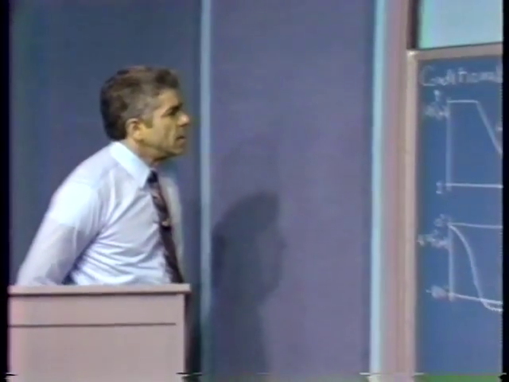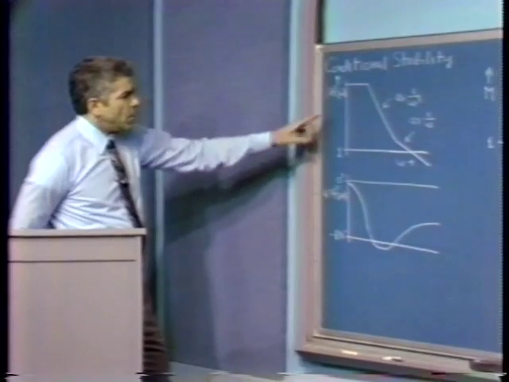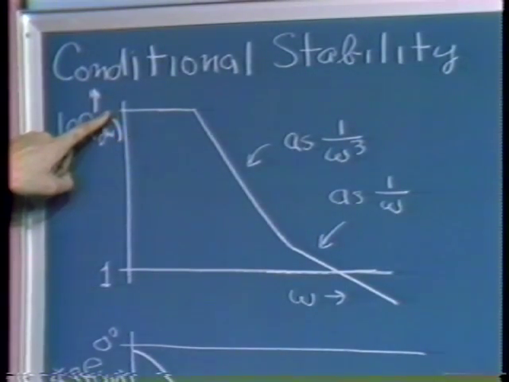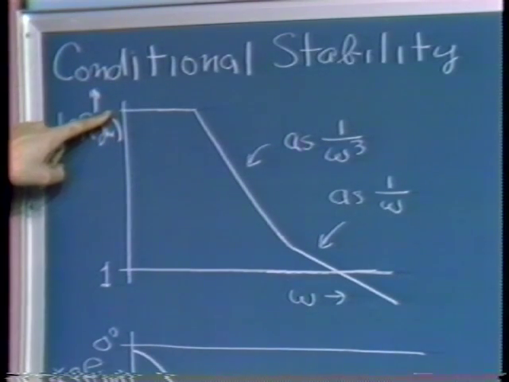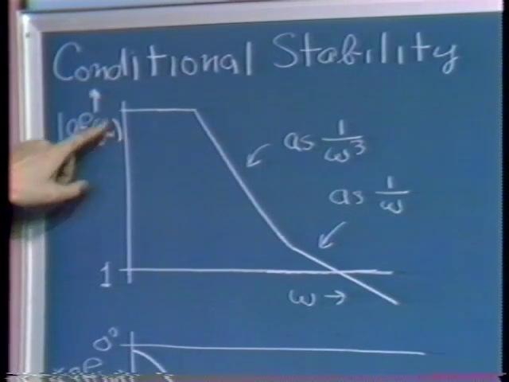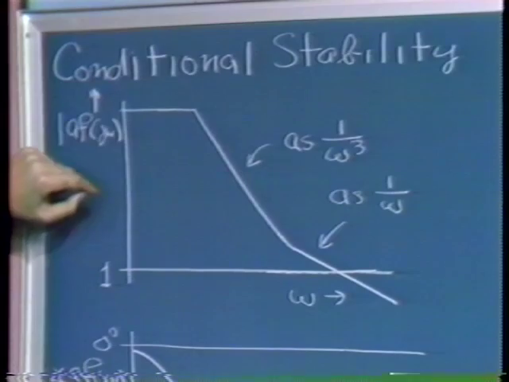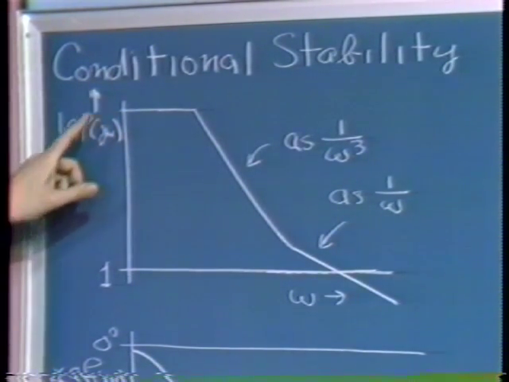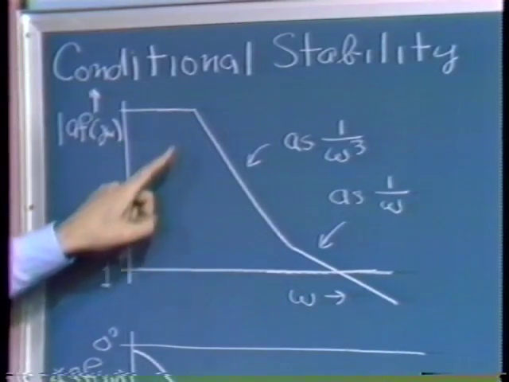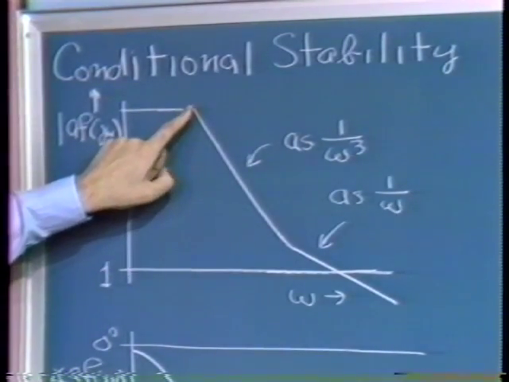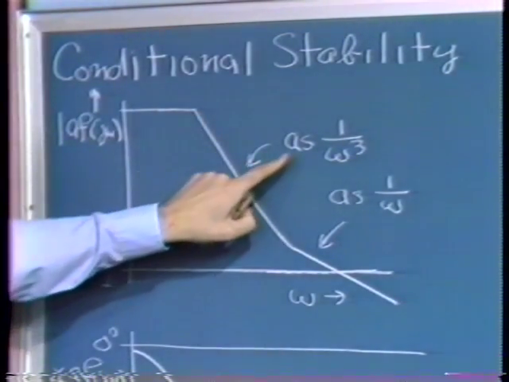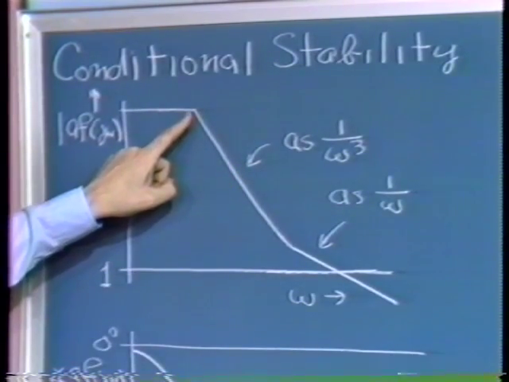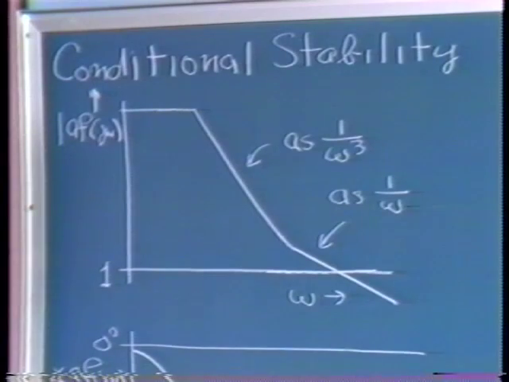Let's consider, as an example, a Bode plot with magnitude characteristics as shown. Here we start out at some high value for the negative of the loop transmission magnitude at low frequencies, and I've assumed that we have 3 coincident poles. Thus there's a region where the magnitude versus frequency characteristic falls off as 1 over omega cubed.